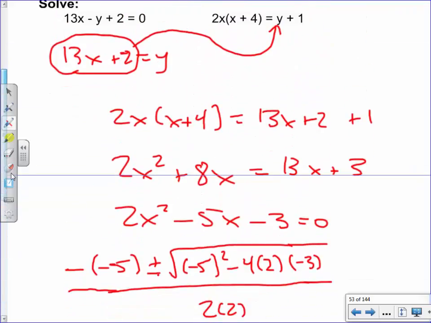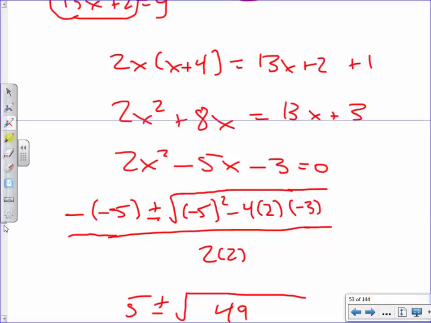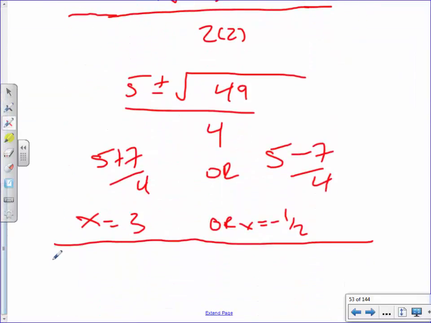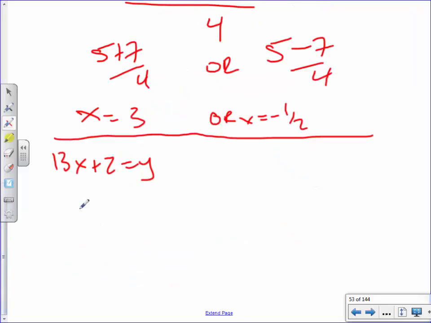So now that I have, like, say, this equation right here, 13x plus 2 equals y, I'm going to use that one. It was what, 13x plus 2 equals y? I'm going to use that one twice now. So I'm going to go 13 times 3 plus 2. So that would be 28.